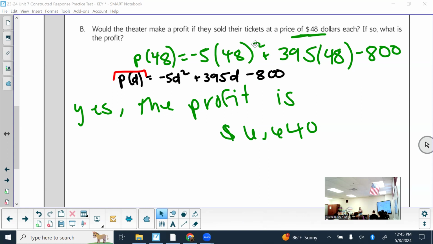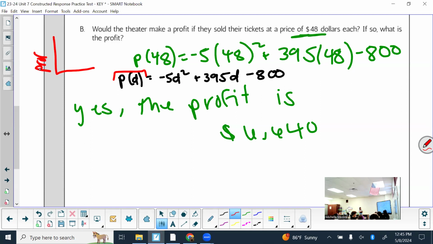Well, they're both represented in dollars, so what would the y-axis tell me? Profit. So P of D, my y-axis of whatever situation is profit in dollars, of course. And then what does the D itself represent?